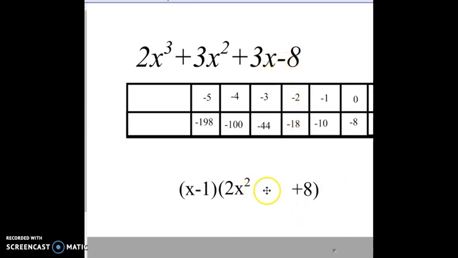Now for the c that I need to find, -1 times 2x squared will give me -2x squared. I need 3x squared. That means I need to add another 5x squared.